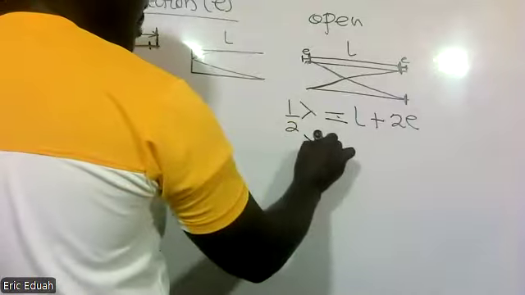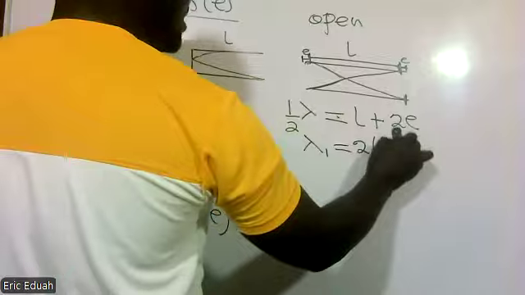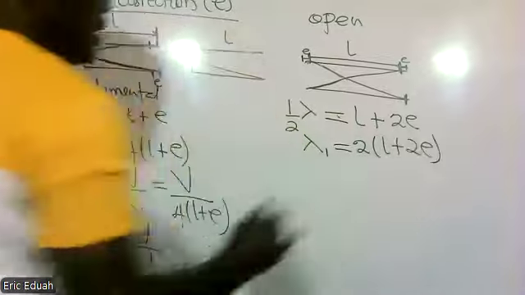Therefore, lambda 1 is equal to 2 times L plus 2E.